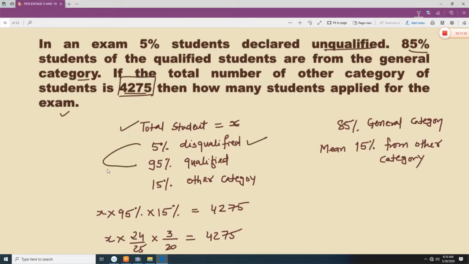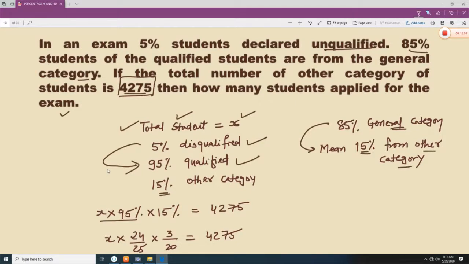It means 95% are qualified. 95% of what? 95% of the total students, and total students is X. So X into 95%. Out of 95%, 15% students are from other category. How come? 85% of the students are from general category. It means that 15% students are from other category.